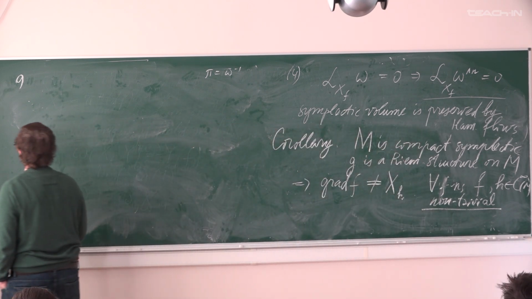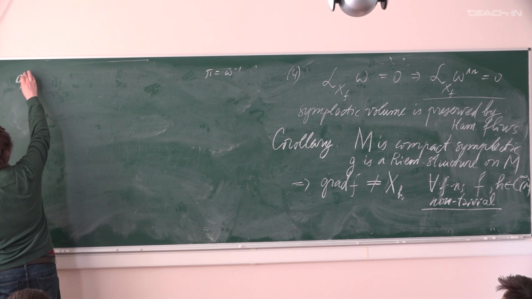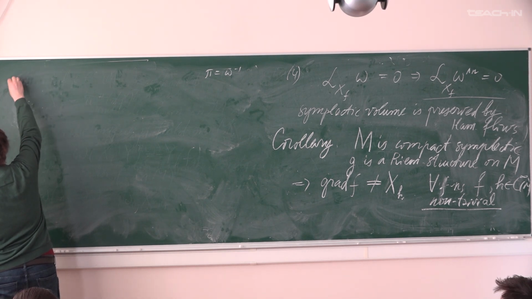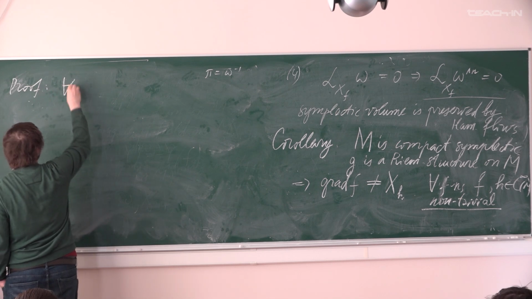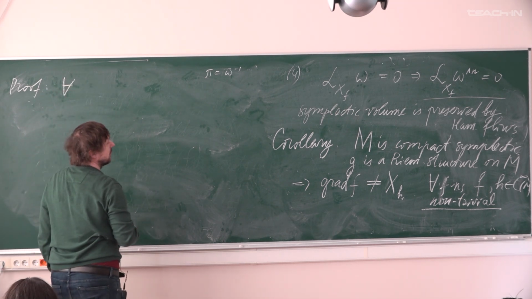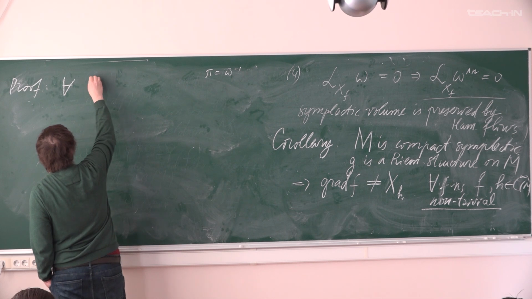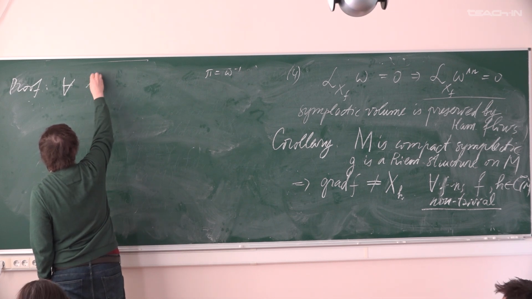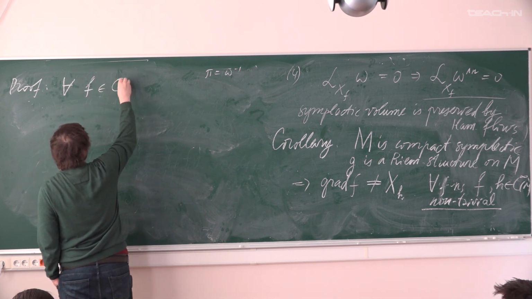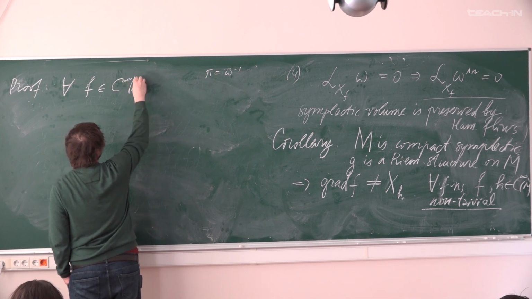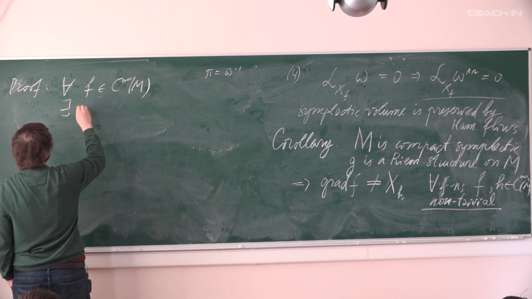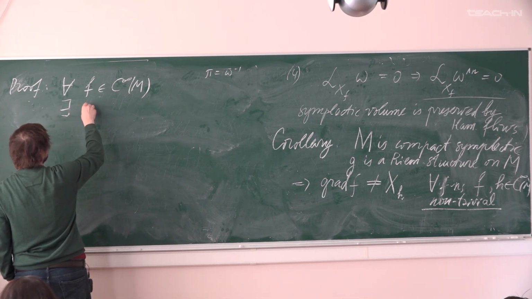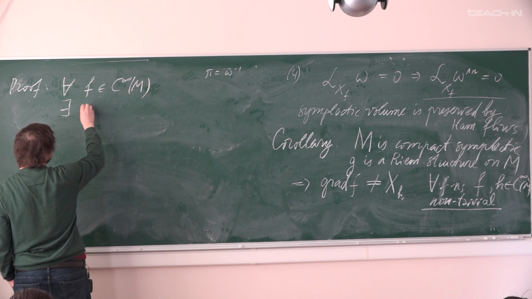And here is the answer why. Proof. Any C infinity function on M, on a compact manifold, has maxima and minima, has extremas.